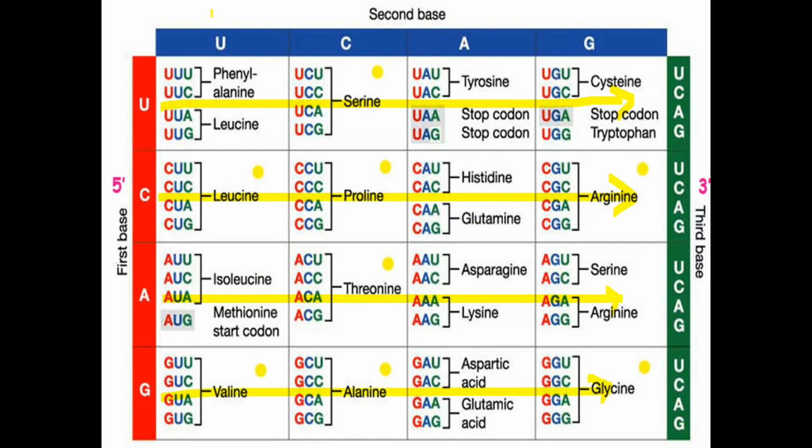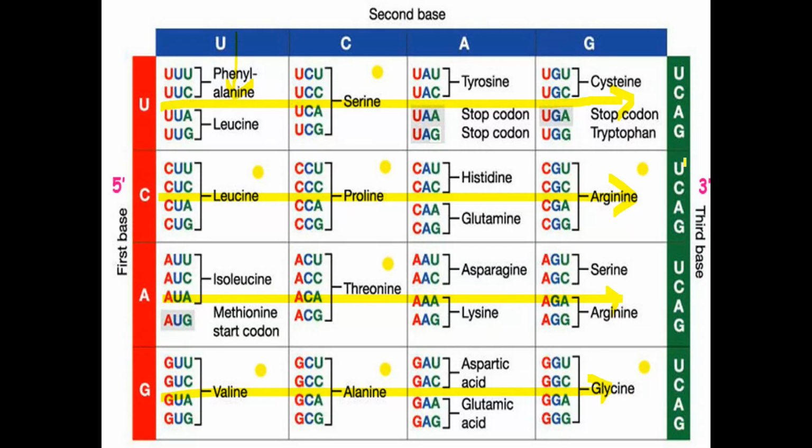The top is the second letter in the codon, and that allows you to narrow it down to a single box. So if it was UU, I'm now looking in just this box. If it was UA, then I'm looking at this box. Or if it was GG, that narrows it down to this box. We're reading it like a grid.